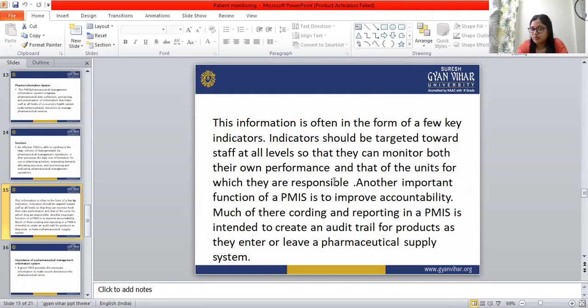So this information is very useful for the staff of that pharmaceutical company.